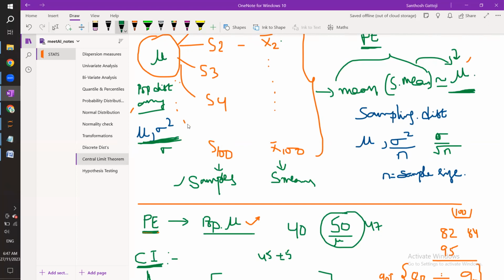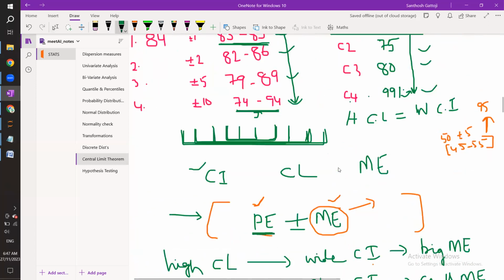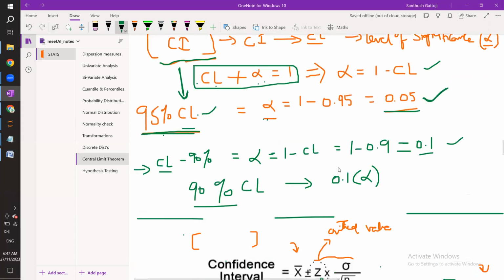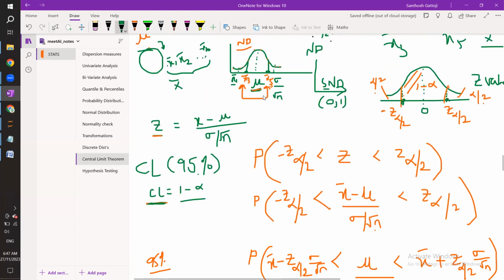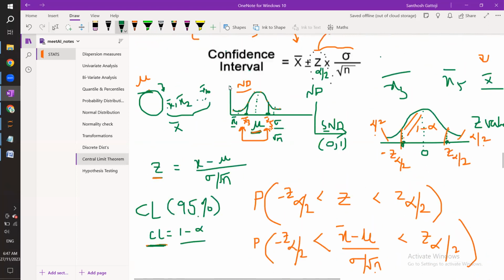We have used the same concept over here, and we said that because the central limit theorem says the sampling distribution will follow a normal distribution, and in the previous class we studied that any normal distribution can be conveniently converted into a standard normal distribution, we use that technique.